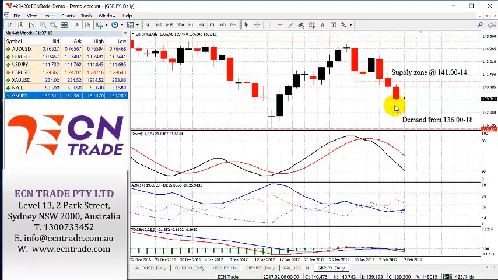So therefore the trade recommendation is to see any advances up towards 141 as a potential sell zone or supply, and I expect to see further weakness coming through for this cross. However, I do anticipate demand to come back from that 136.18 region, so probably likely to see take profit from a short position from that region.